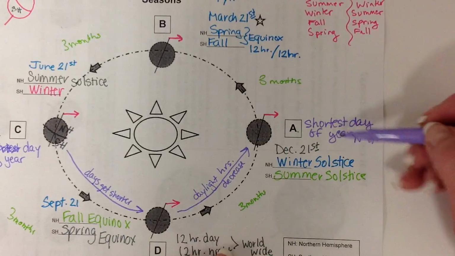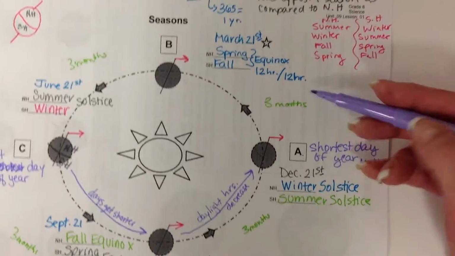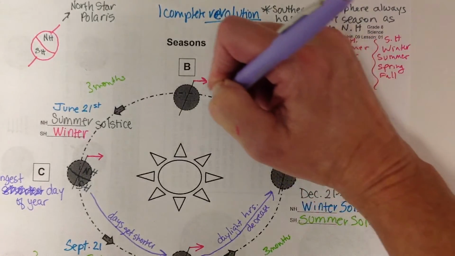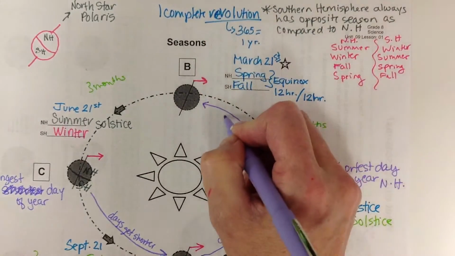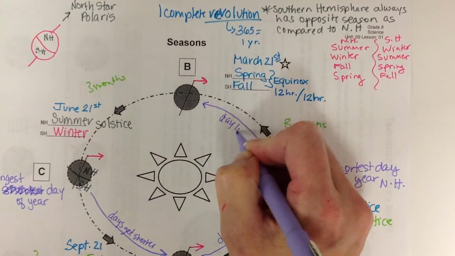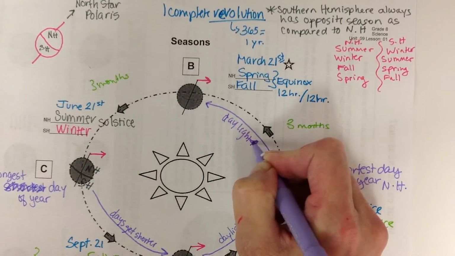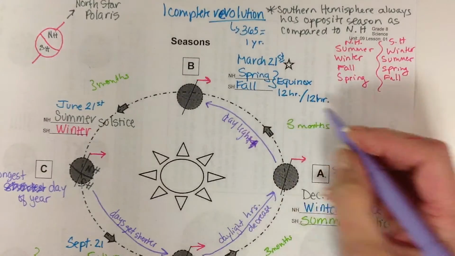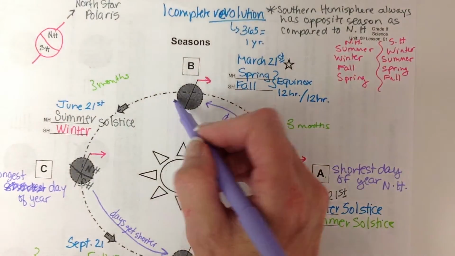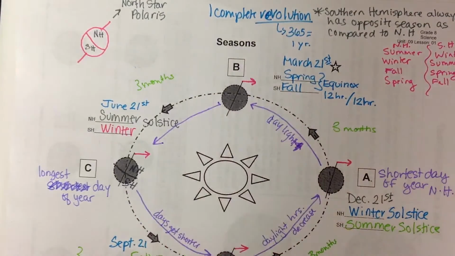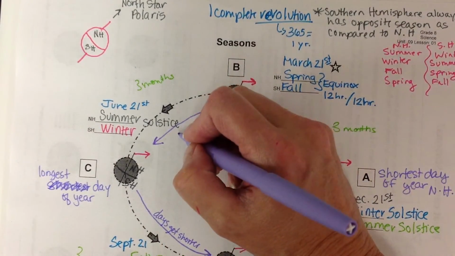Winter's our solstice, our shortest day. But as we move from this day, December 21st, to March, and you all know that, as you move from winter into spring, daylight hours are steadily increasing. So now I'm just going to draw a little arrow up. Daylight goes up, so we get more and more daylight, till we get to the longest day of the year, and that would be right here.